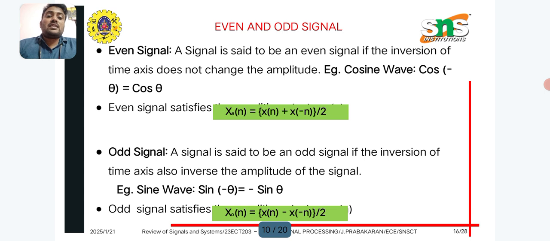The best example is the sine wave, and the odd part is x of n minus x of minus n, divided by 2. By using this formula, we can find the odd part of the signal.